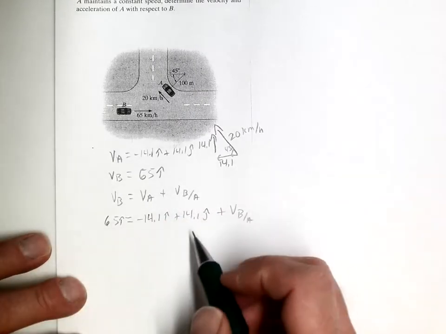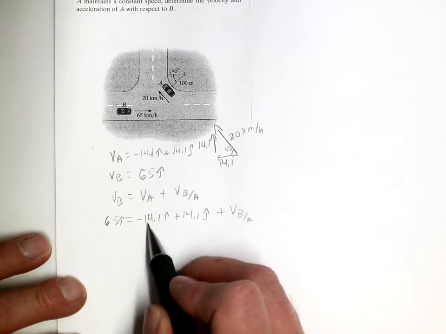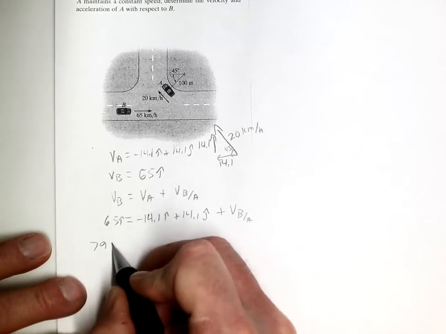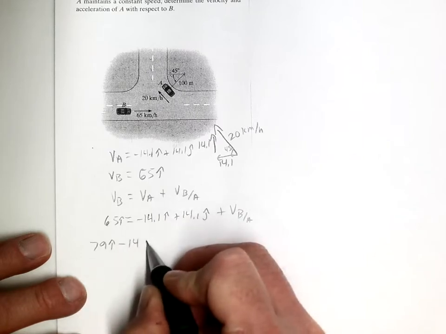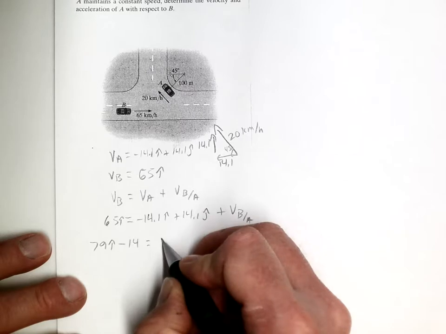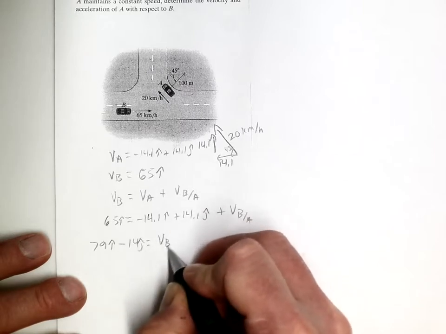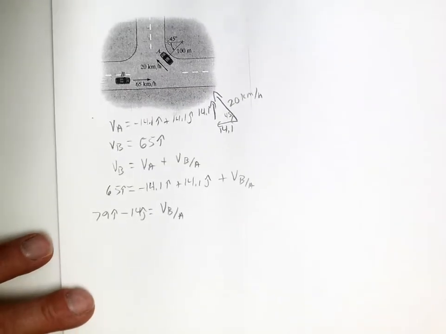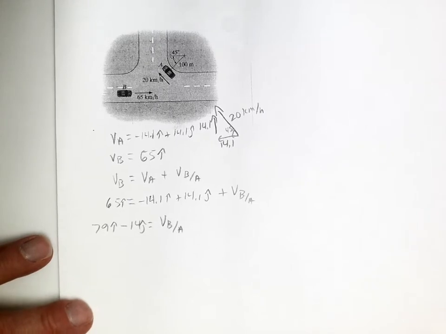Subtracting over to the left side, we'll add 14.1 to 65, which gives us 79.1. It's minus 14.1 in the J equals VB with respect to A. It doesn't ask for the magnitude, so we'll leave the velocity there.